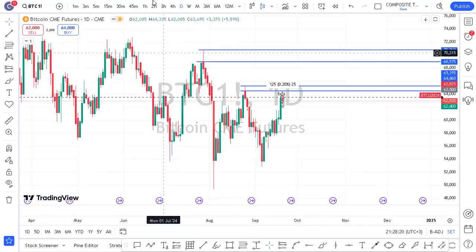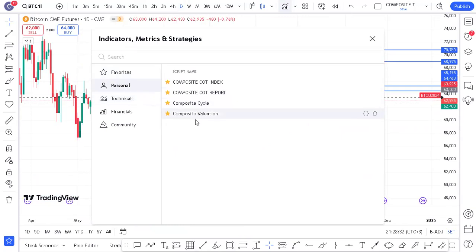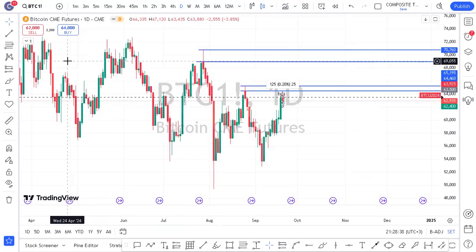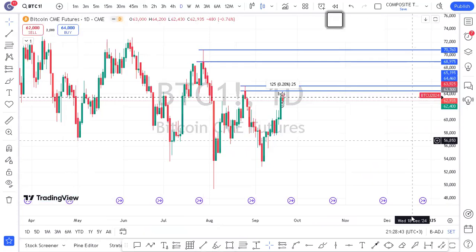I'll go to my tools, then look at the fundamental part, the valuation part. When I look at the valuation, I want to see what we have. Allow me to check something here. The valuation indicator is somewhere here.